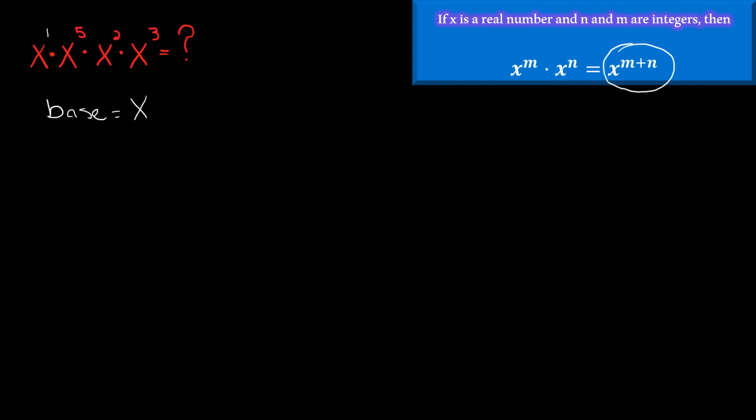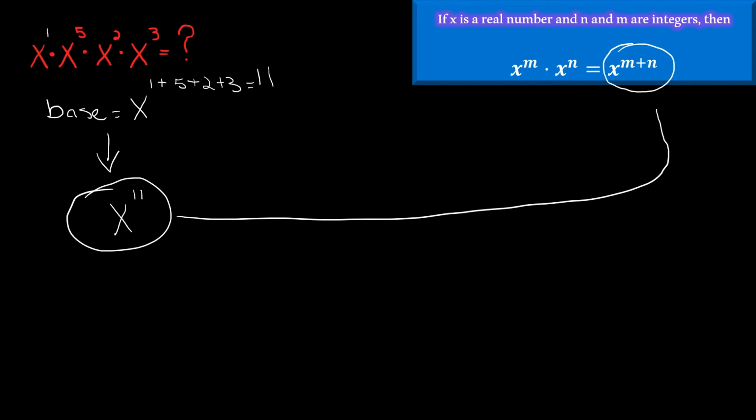Now all we have to do is add up the exponents, which is 1 plus 5 plus 2 plus 3. And what does that equal? 6, 7, 8, 11. So our official answer is x to the 11th power.